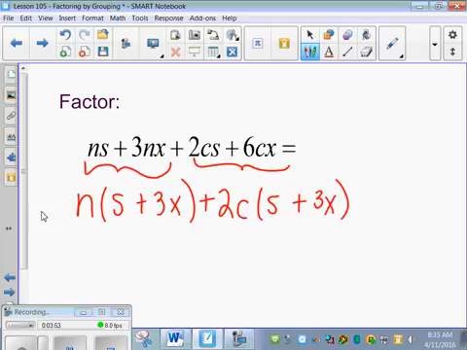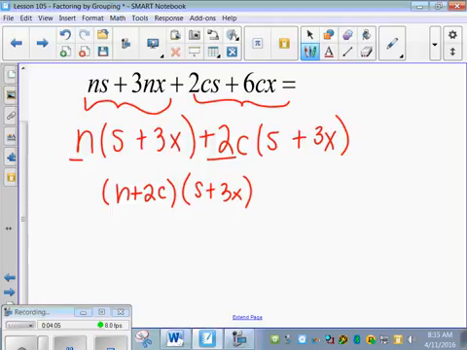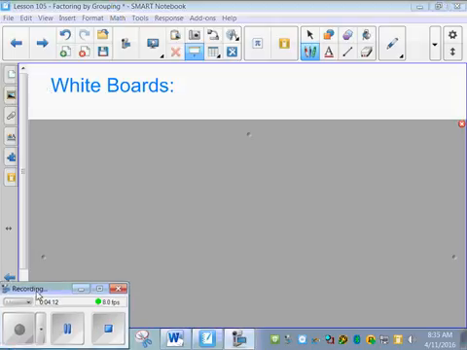Okay, good. And now my first set of parentheses is what we factored out, n plus 2c. My second parentheses is what's in common, s plus 3x. All right, let's try it on the whiteboards.